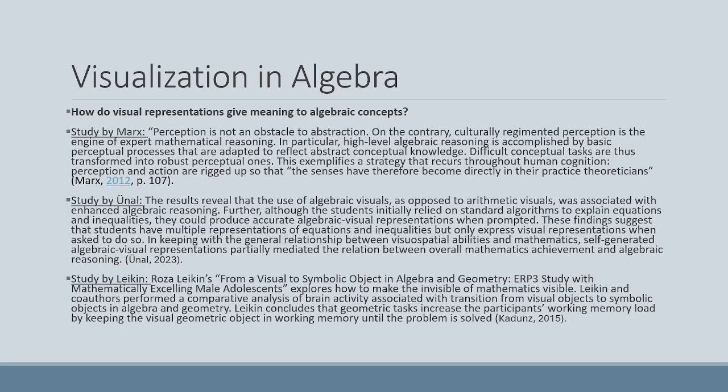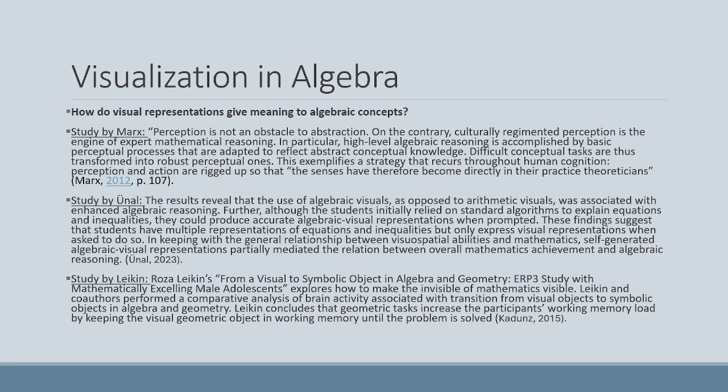In particular, high-level algebraic reasoning is accomplished by basic perceptual processes that are adapted to reflect abstract conceptual knowledge. Difficult conceptual tasks are thus transformed into robust perceptual ones. This exemplifies a strategy that recurs throughout human cognition. Perception and action are rigged up so that the senses have become directly attuned in their practice."